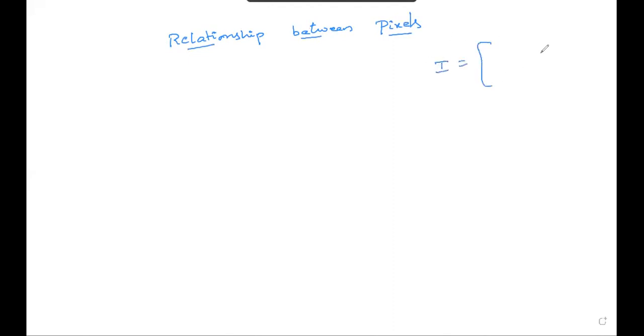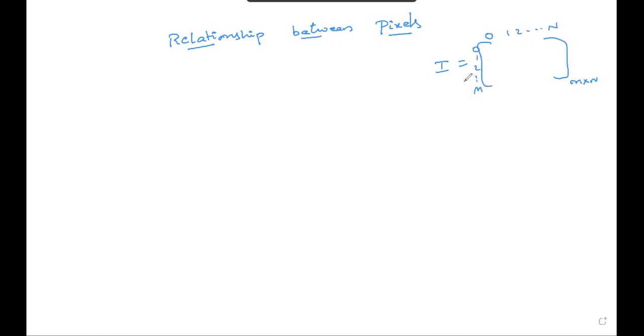Good morning, everyone. Today we will discuss the relationship between pixels. So we know that a digital image is composed of pixels, right? Generally the image is represented in matrix form, that is m by n in size, with columns 0, 1, 2, 3, 4 and rows 0, 1, 2, 3, and so on.